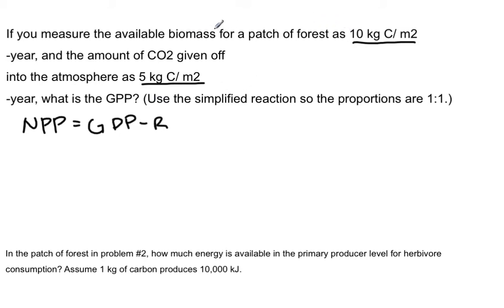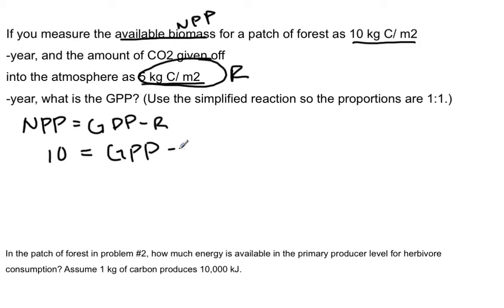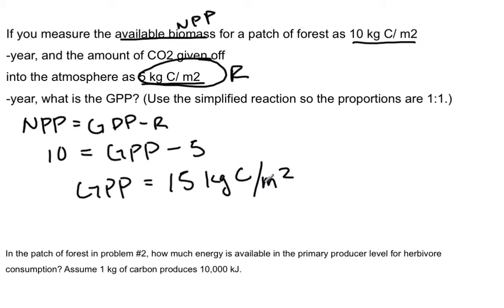So we're going to go ahead and assume available biomass is our NPP. How much CO2 is produced? So that's a byproduct of respiration, so that is our respiration, and we're going to plug and chug again. So 10 equals GPP minus 5. So GPP is going to equal 15 kilograms carbon per meter squared, and that is carbon.